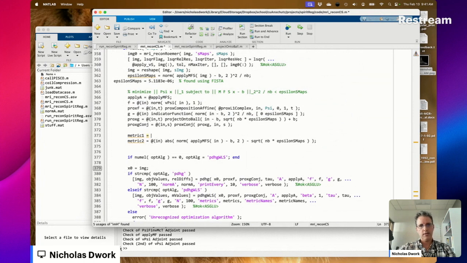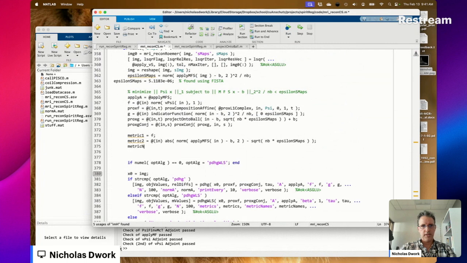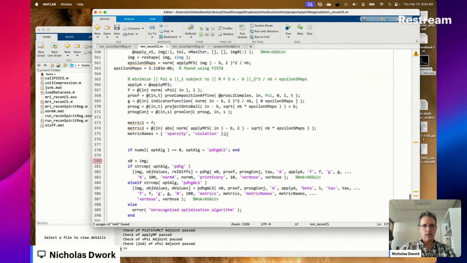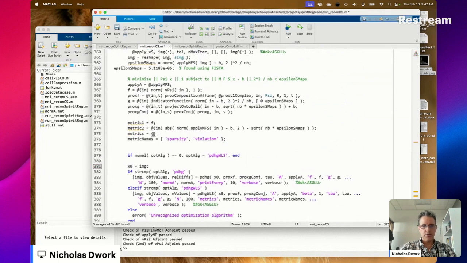Metric names is equal to sparsity, violation. Metrics is equal to metric 1, metric 2.